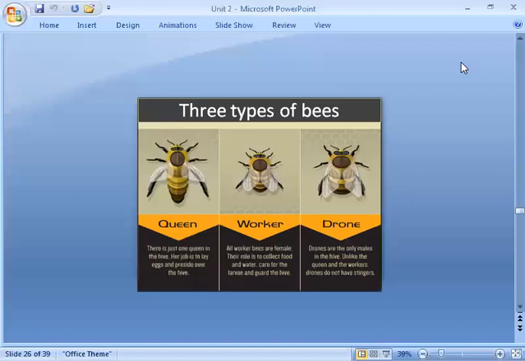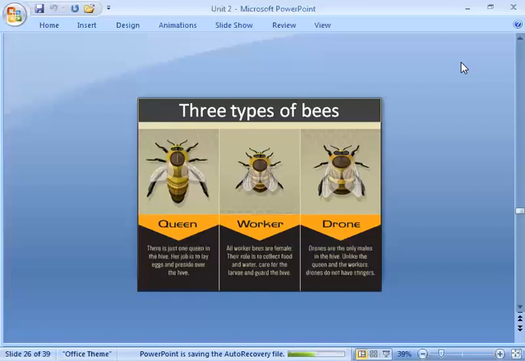Before we start the stages of life cycle of honeybee, we learn that there are three types of bees: queen, worker, drone. Repeat with me. Three types of bees: queen, worker, drones.